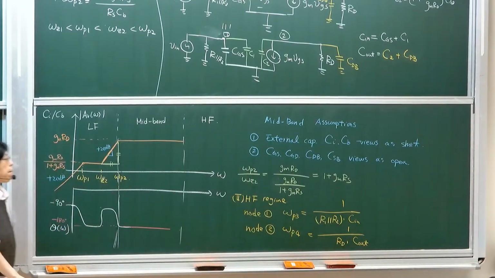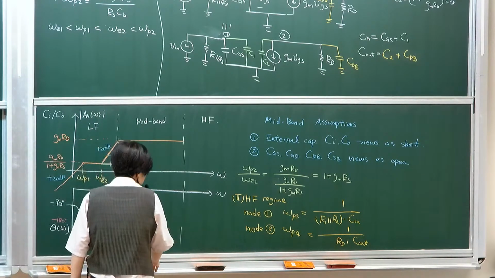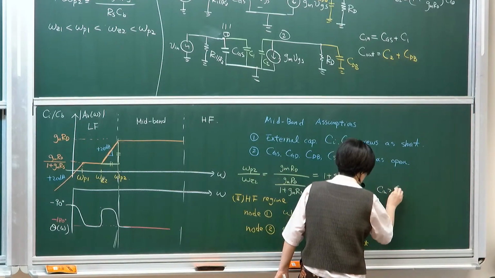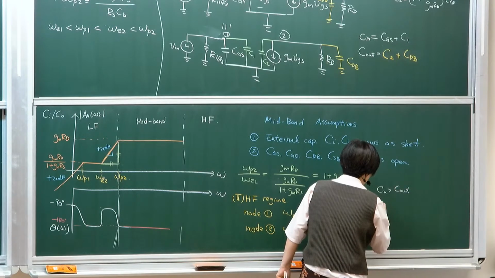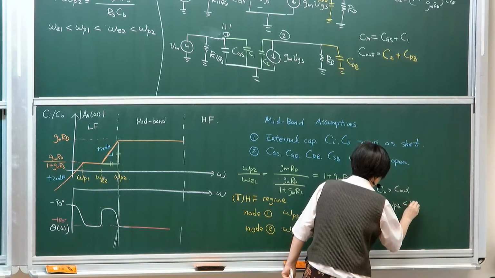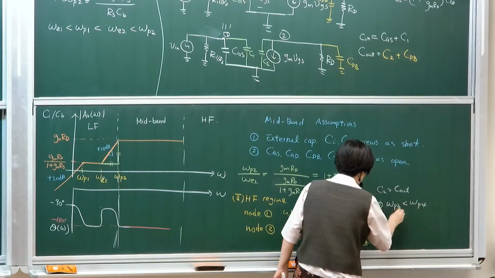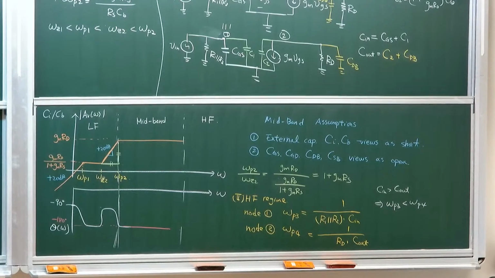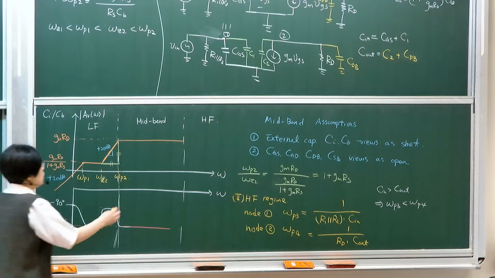Okay? Because in most cases Cin will be higher than Cout, we expect that omega P3 will be smaller than omega P4. You will hit omega P3 first because of the Miller amplification effect. So if I want to complete the plot, I will see two poles.